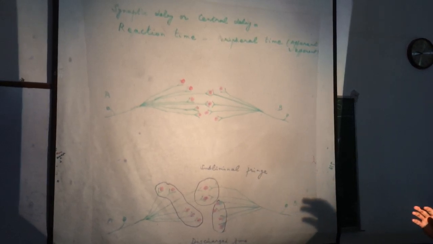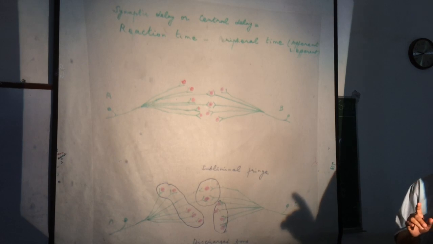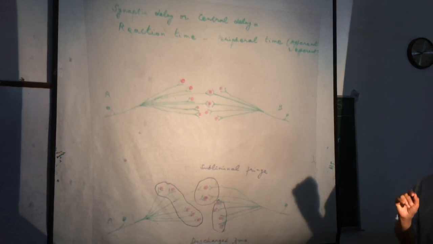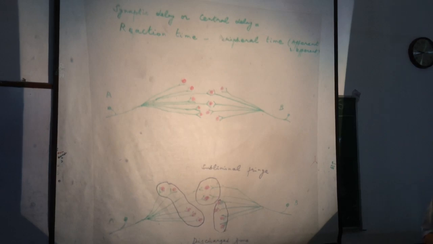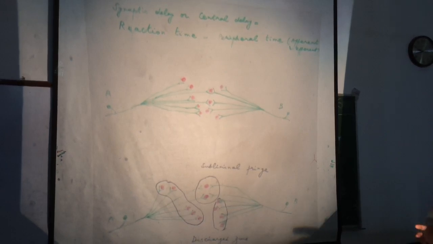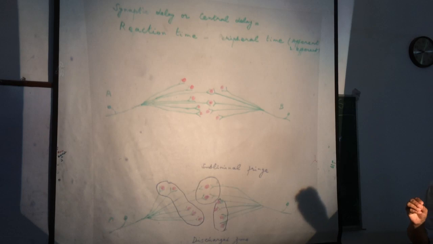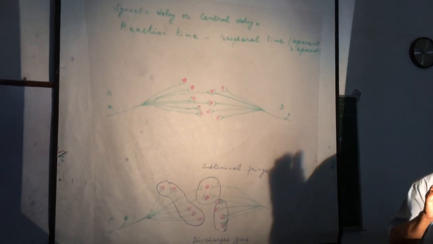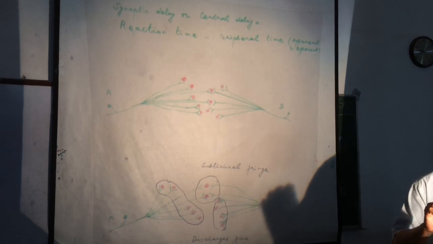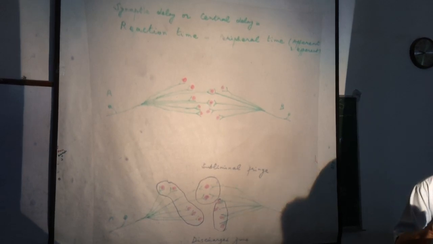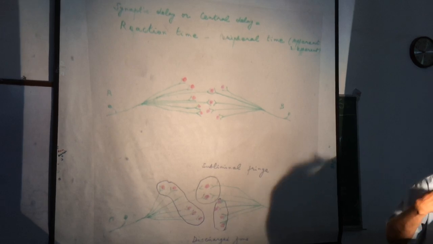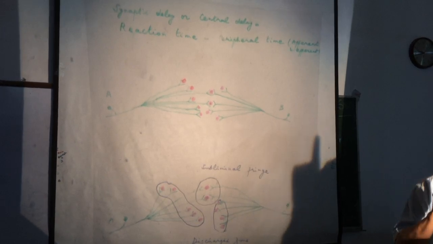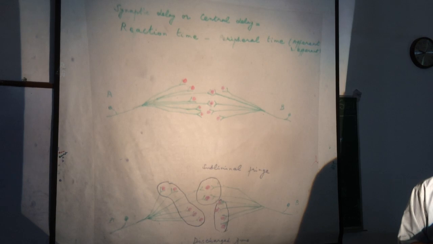The first property of reflex action is synaptic delay or central delay. We know in the reflex arc of the reflex action, there is at least one synapse, maybe more than one.